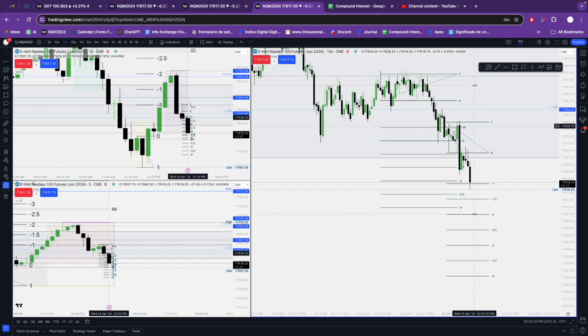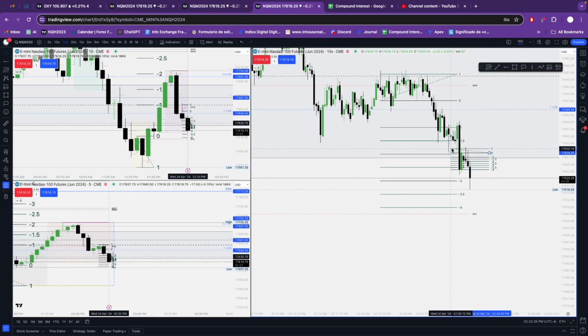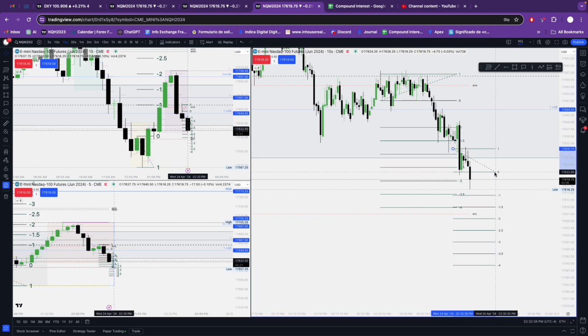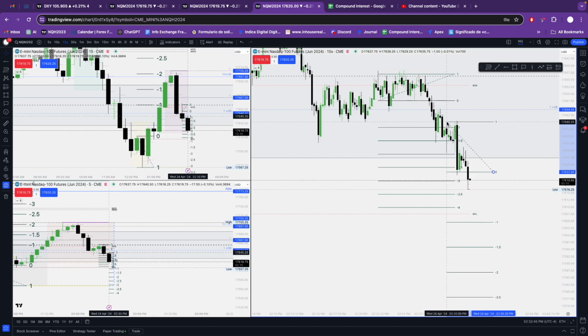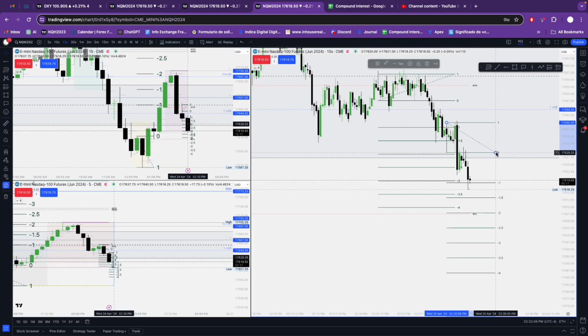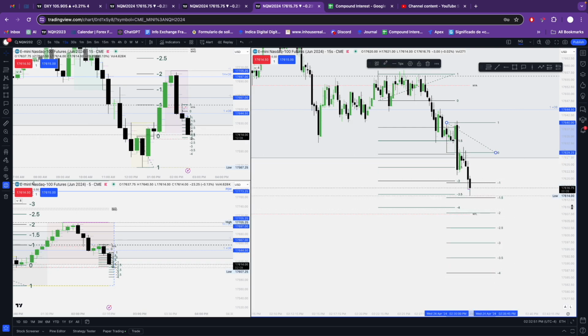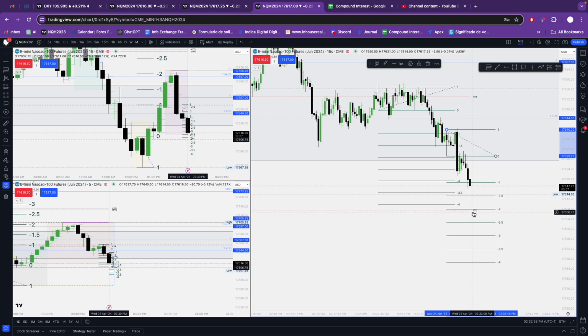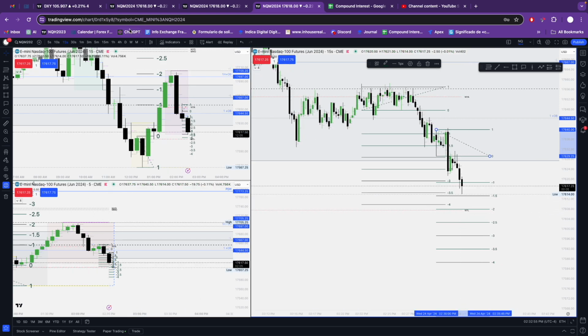And as I suspected, you can take this one here, -1. We could look at this one here again, -1. Probably going for these New York lunch lows down here, or New York lows.